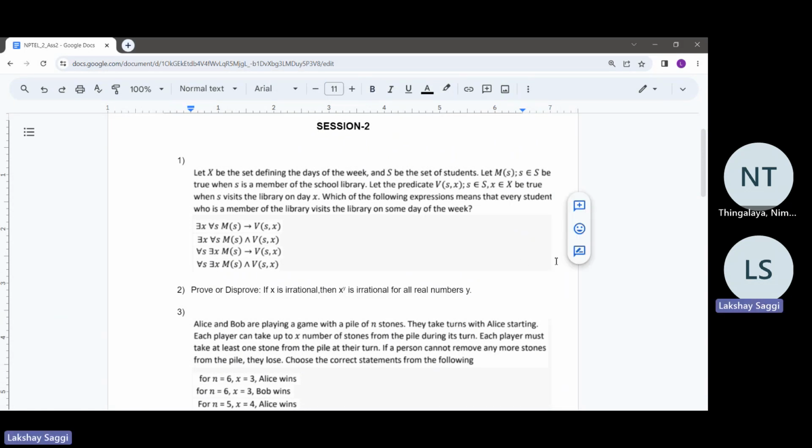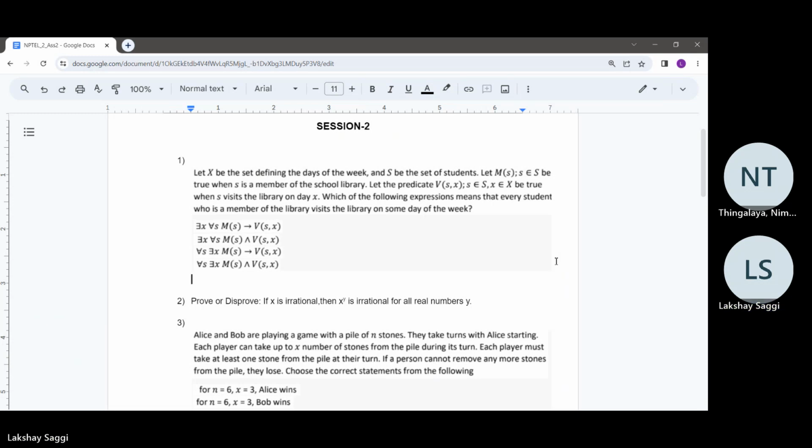If it is not visible, you can call it out in chat. Otherwise, I'll just assume that it's visible.